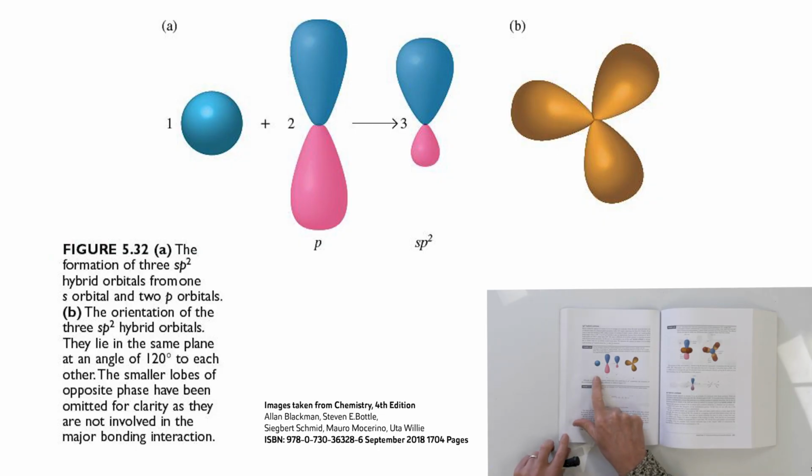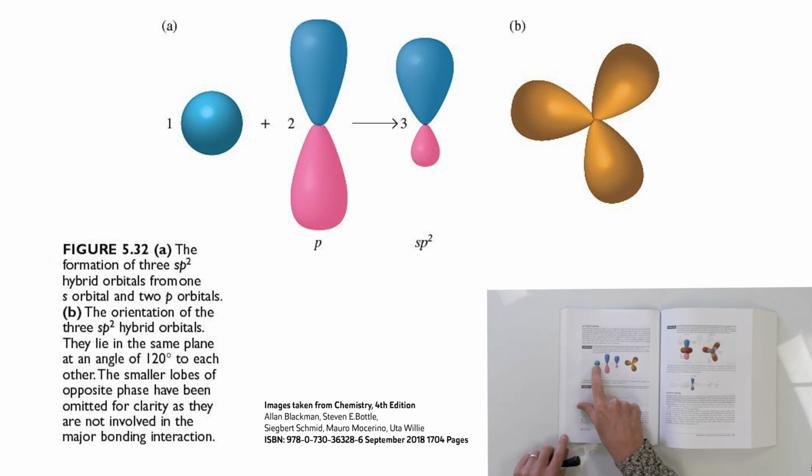Okay? So to have a look at that in terms of a diagram, let's again go to the good old textbook and show you what's happening in picture form, okay? So we're taking one 2s orbital here and 2 2p orbitals now.